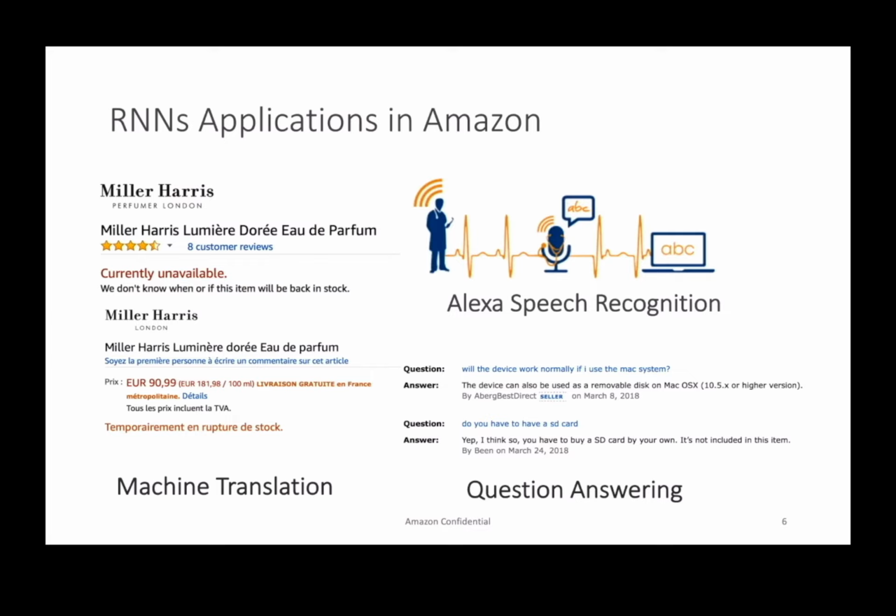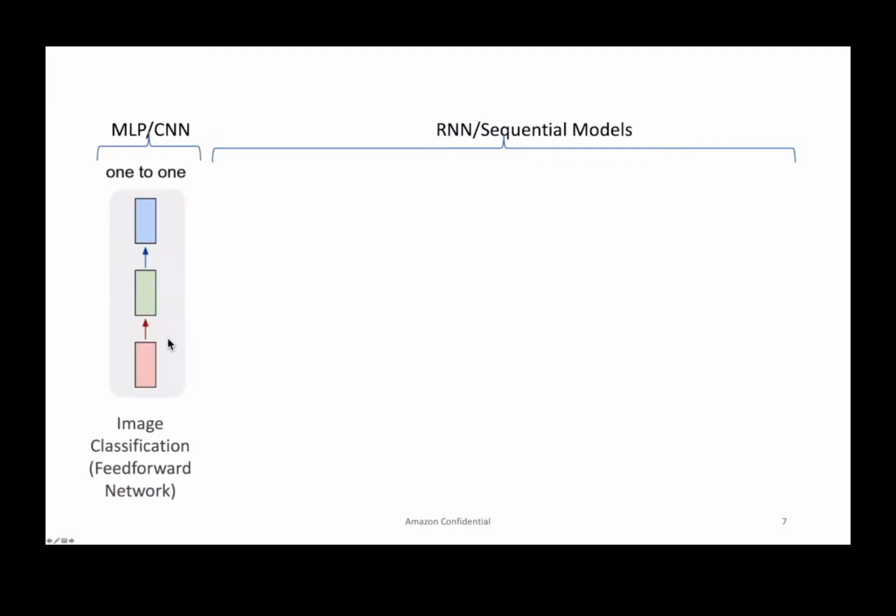If you have a question, then an automated RNN can read the question and then answer it based on the product details. So how does an RNN differ from a multilayer perceptron or a CNN? In the case of multilayer perceptrons and CNNs, there is a single input and the network is one network, and it processes and gives one output, like a classification result of whether an image contains a cat or a dog, and similarly classification results for tabular data and other things.